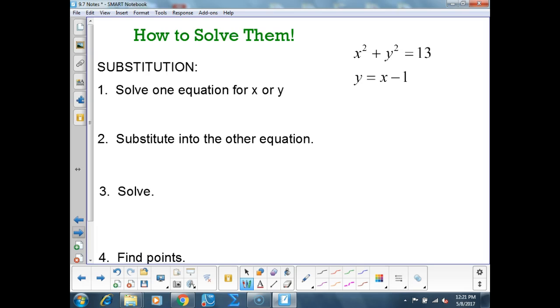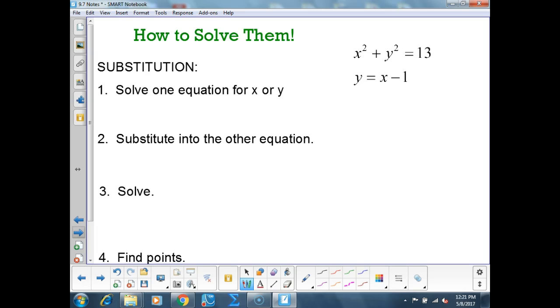What's the first equation? Why is it a circle, Hunter? There's three things that make it a circle or an ellipse. Addition sign. Same coefficients. And there's two squared terms.